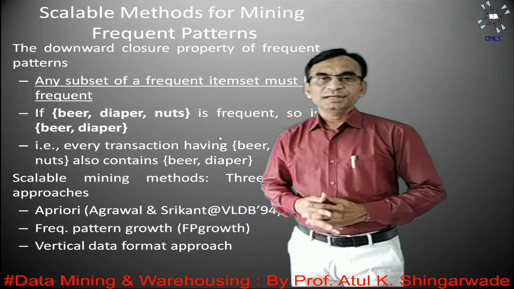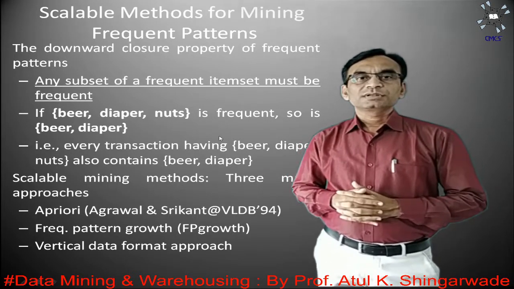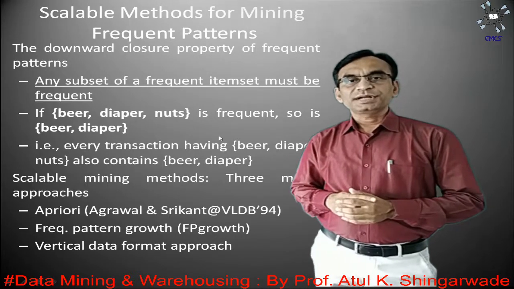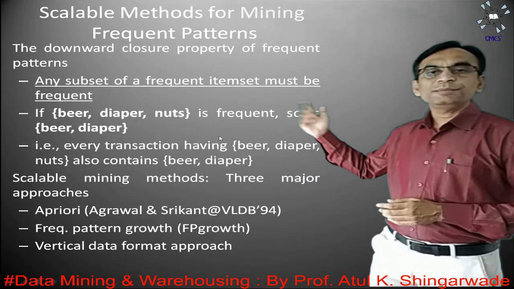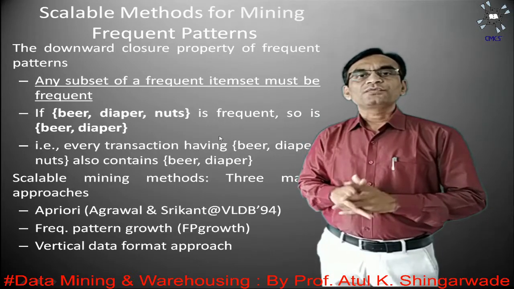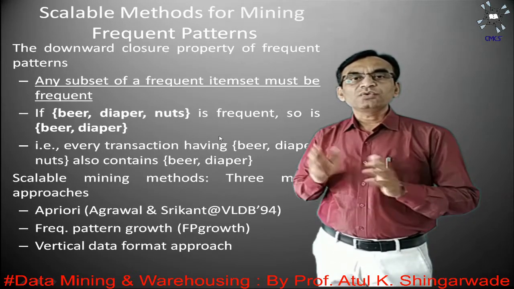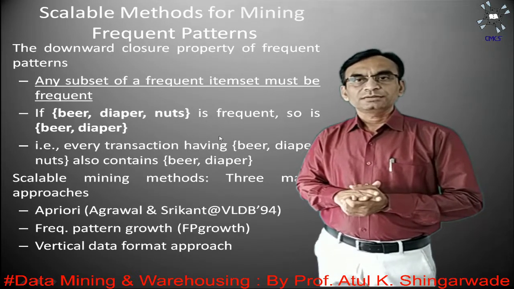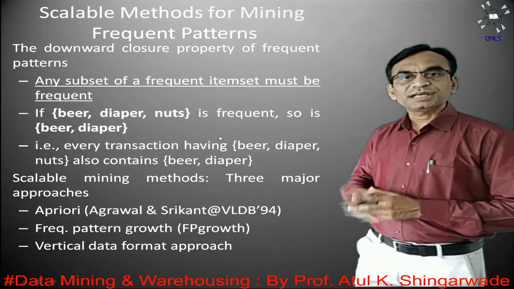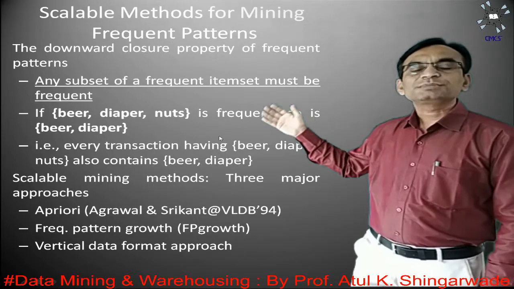In my last video, I specified that any subset of a frequent item set must be frequent. This is a very important property of frequent item set mining, known as the downward closure property of frequent patterns. The property says any subset of a frequent item set must be frequent.